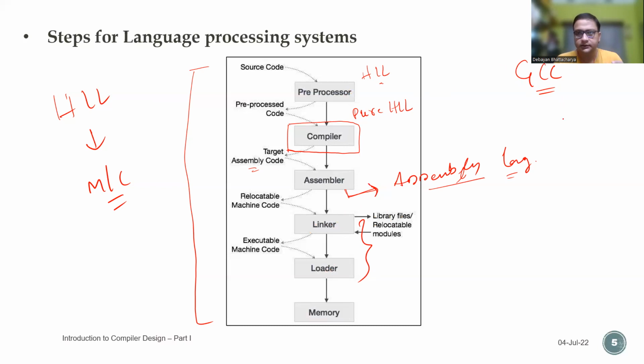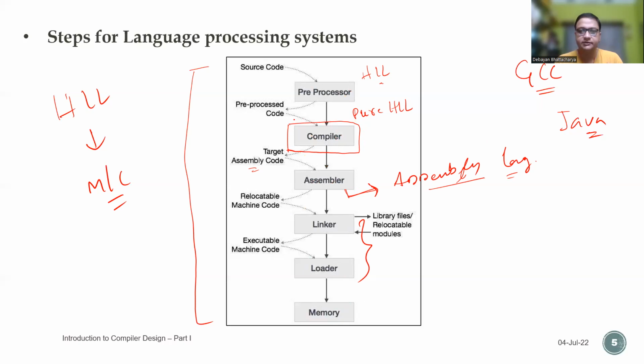Similarly, the Java compiler also contains all these steps together and ultimately generates executable machine code. But in these sessions, we are not going to discuss the other steps like preprocessor, assembler, linker, or loader. We are only going to discuss the compiler elaborately.